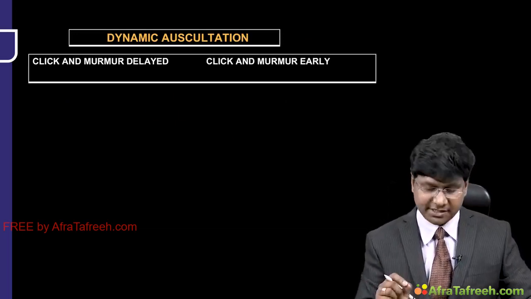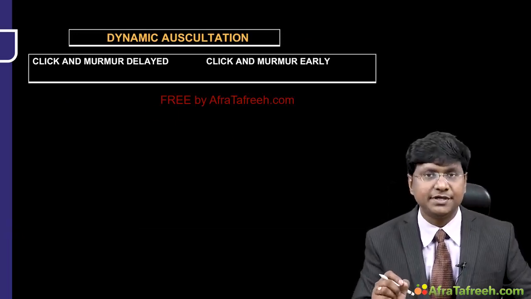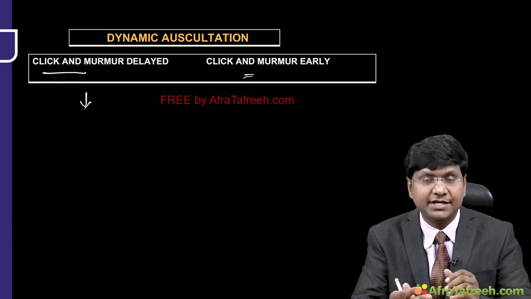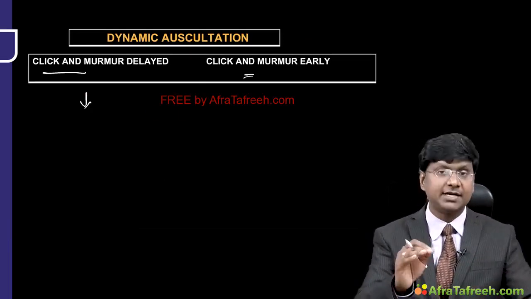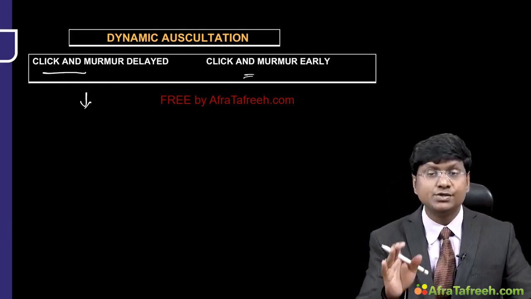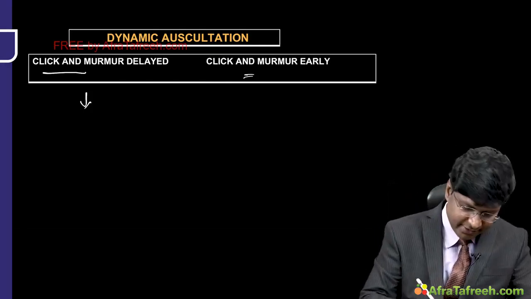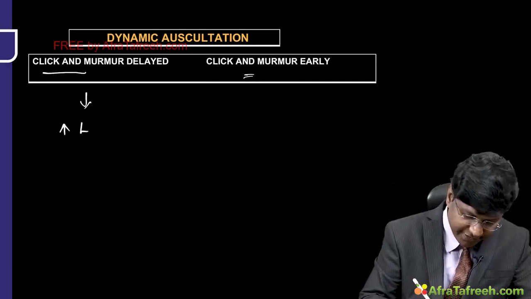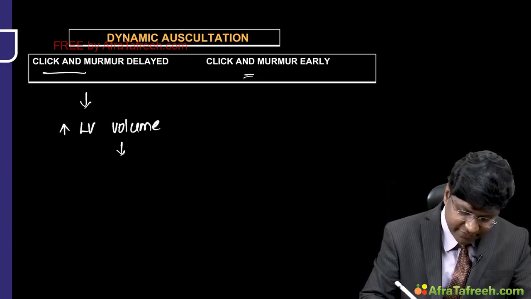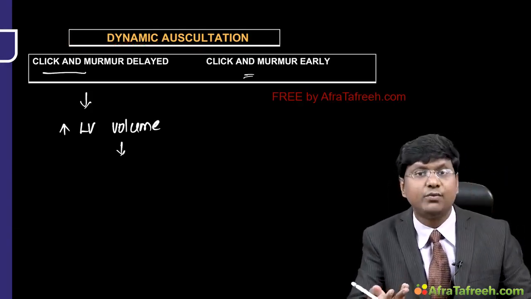Now, dynamic auscultation is very, very important in these individuals. So, what are the maneuvers where the click and murmur is delayed? The click and murmur is delayed by maneuvers which will increase the LV volume. So, what are the maneuvers by which you can increase the LV volume?